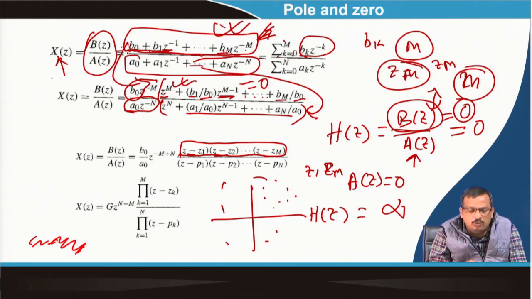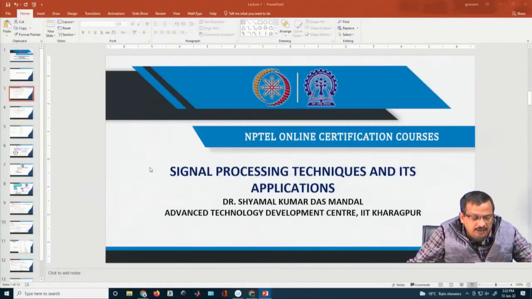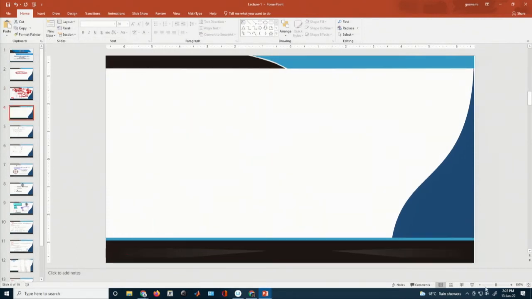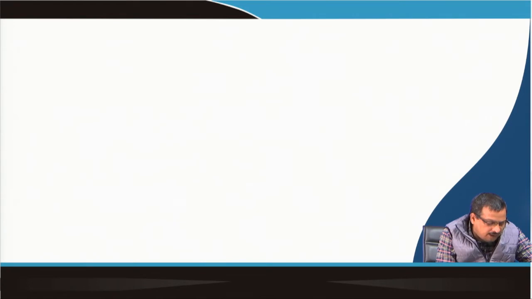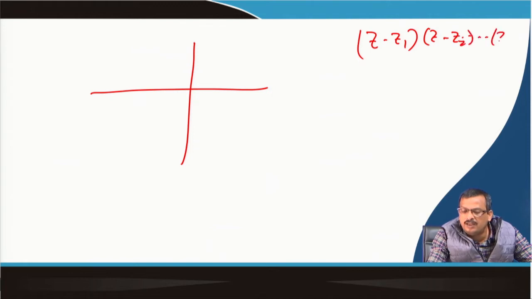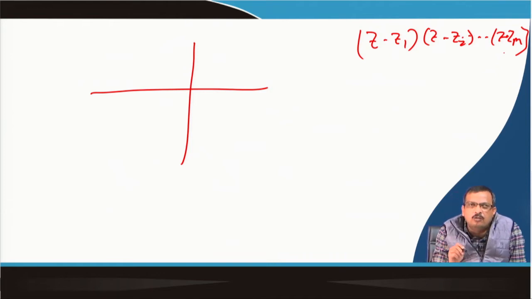If I want to plot those values in the z plane, let us say I take a slide and show you. Suppose this is my entire z plane. For the factors z minus z1, z minus z2, up to z minus zm, for those z values the upper portion becomes 0 and the transfer function becomes 0, which is why they are called zeros.